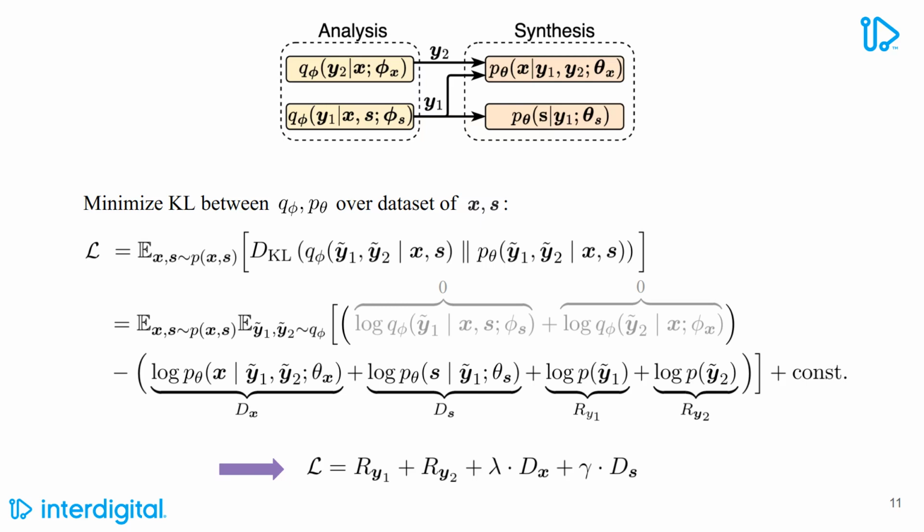By expanding the KL divergence, we obtain the next line where the first two terms in the expectation are 0 and the remaining terms represent the distortions for x and s as well as the rates for y1 and y2. In order to tune these terms independently, we may introduce additional hyperparameters such as the lambda and gamma factors that we have imposed upon the distortions.